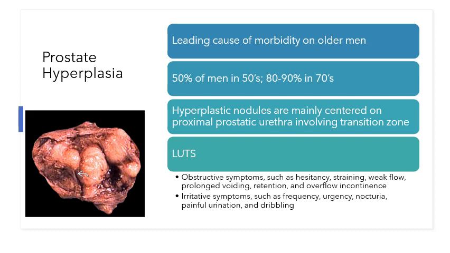The usual obstructive symptoms will be hesitancy, straining to flow, poor flow, taking a long time to void, inability to completely empty the bladder, and irritative symptoms, which will be frequency, urgency, and nocturia.